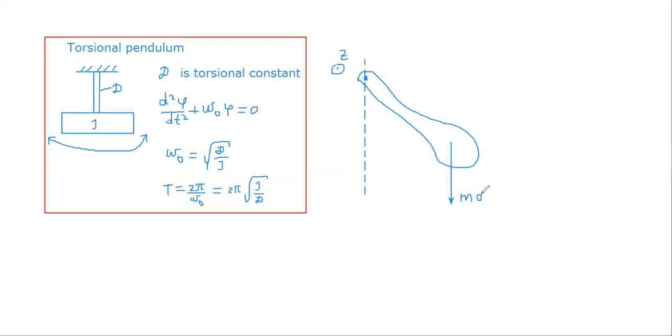mg is the gravity force, and we can write that the radius vector from the axis of rotation to the center of mass is r.